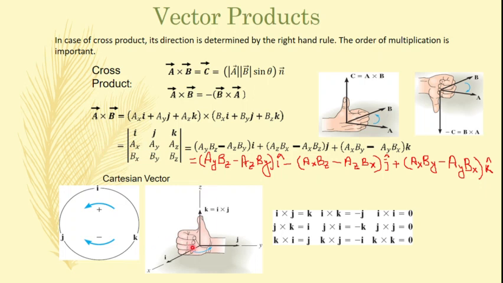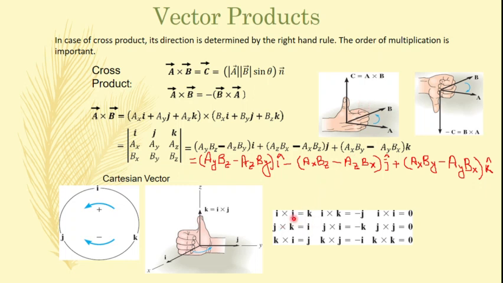Now if we take the cross product with respect to i and j, i cross j, then it becomes k, because the area of this parallelogram which is made by this i and j, the perpendicular vector with respect to this area of this parallelogram is k, because these i j k are orthogonal, and the magnitude is 1 for all the i j k.